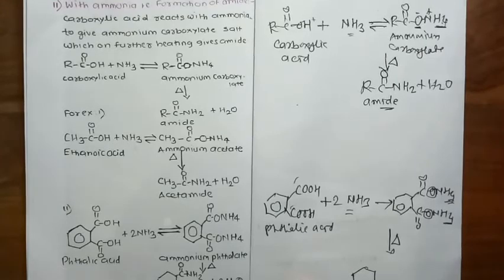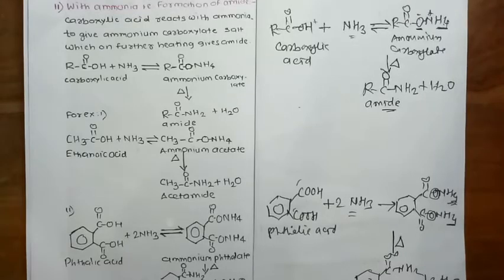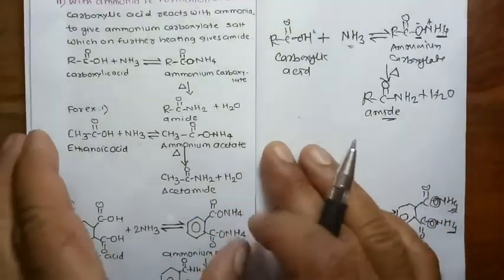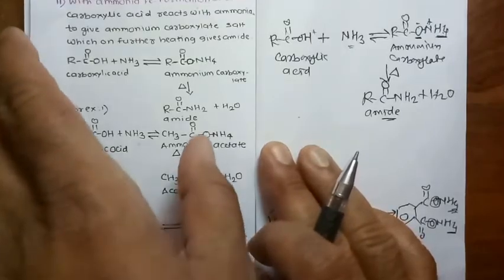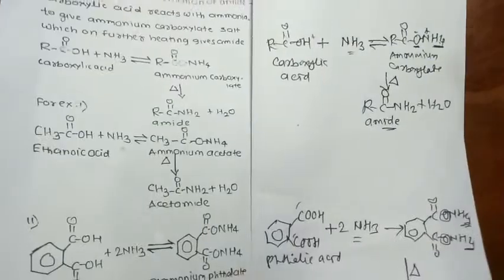We will get another product like this: C double bond O, NH2, and C double bond O, NH2, plus 2H2O. It is phthalimide. In this way, we can convert carboxylic acids into amides by doing the reaction of carboxylic acids with ammonia.